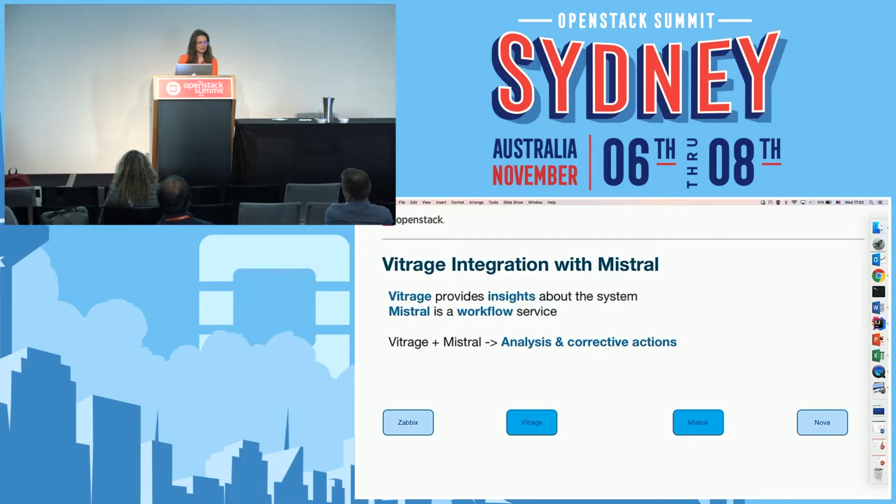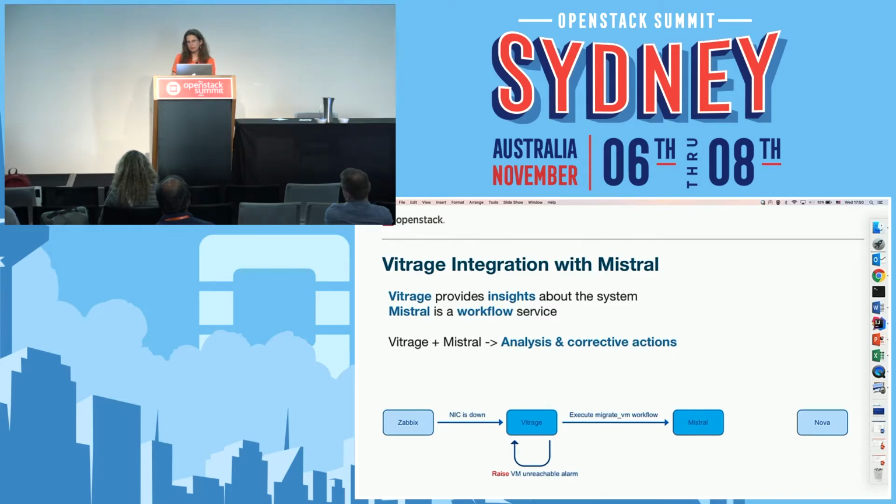For example, Zabbix detects a NIC failure, that the NIC is down. Vitrage understands that if the NIC is down, then the host is down and the VMs are down. And in this case, Vitrage asks Mistral to execute a workflow for VM migration. And this should be a workflow because VM migration is done asynchronously.